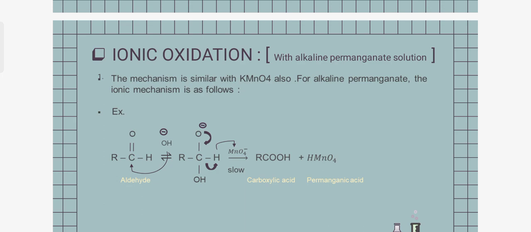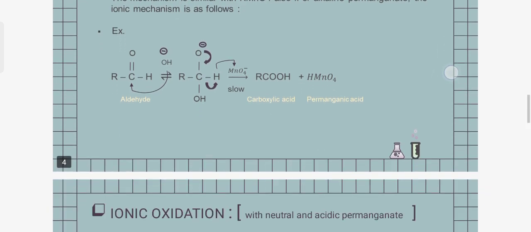Now, the negative charge of O attacks the single bond and gives us a double bond, and the hydrogen is abstracted and gives us HMnO4, permanganic acid, and as a product we get carboxylic acid.